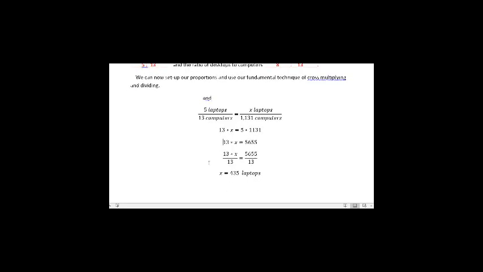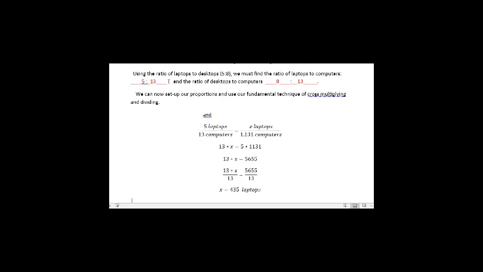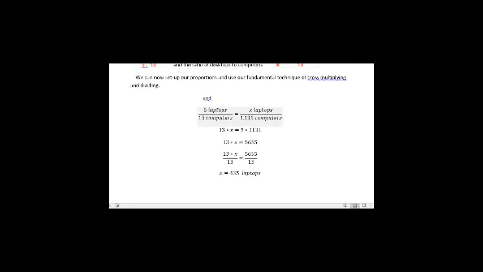Now think about it. Do I have to redo this for desktops, which would be 8 desktops over 13 computers equals X desktops over 1131 computers? The answer is, think about it. And the answer is no, because we know how many total that there are.